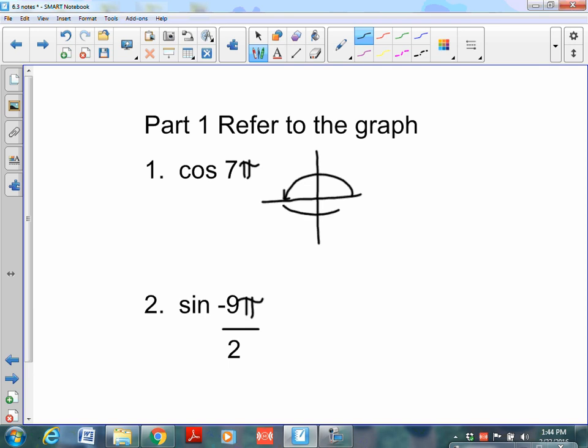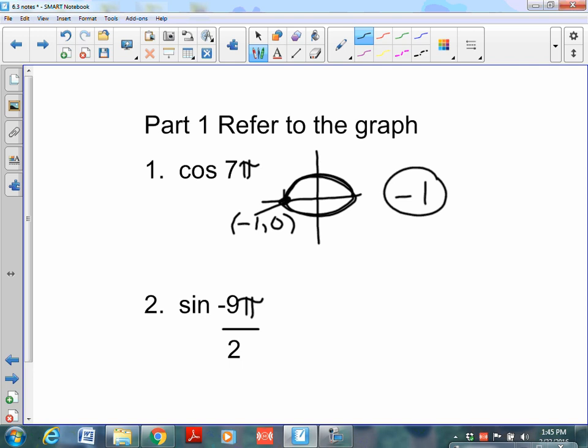How much is this one? 2 pi. 3 pi, 4 pi, 5 pi. Most of you know that 7 pi will land on an odd number, right? Which is right here. Isn't this a negative 1 comma 0? We kind of did this yesterday, but we're doing it again. What is the cosine of that point? It's the x value, which is negative 1. Final answer.